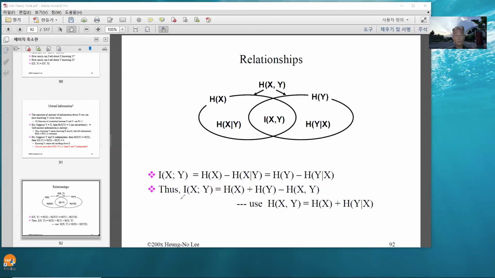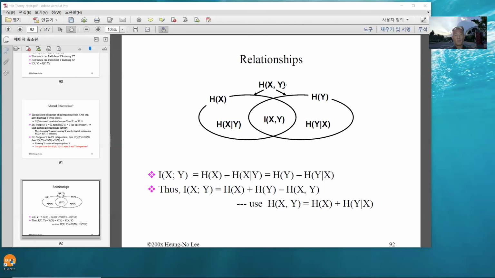So the mutual information is the addition of the two, and basically if you take away the joint entropy, this part only is left. So H of X and H of Y, if you add the two, this part has been counted twice.